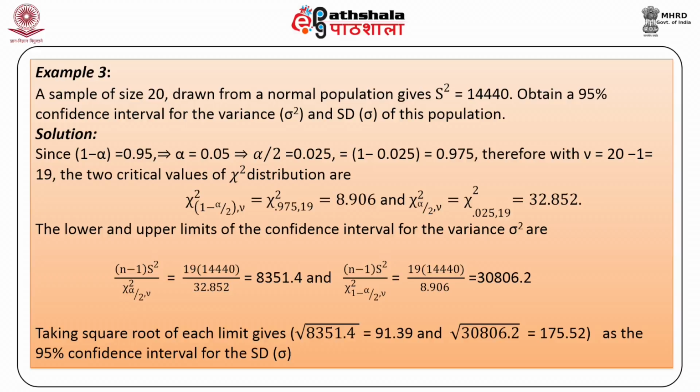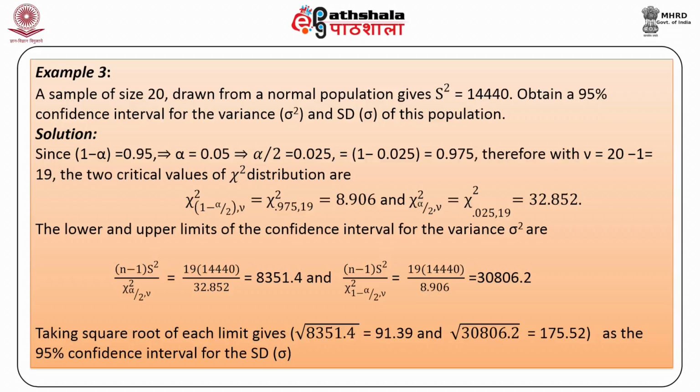So the lower and upper limits of the confidence interval for the variance sigma square are equal to n minus 1 S square upon chi-square alpha by 2 comma nu, which on substitution of the values is equal to 19 into 14,440 upon 32.852 and comes out to be 8351.4. And similarly, the upper tail value on substitution of the values gives us value equal to 30,806.2.